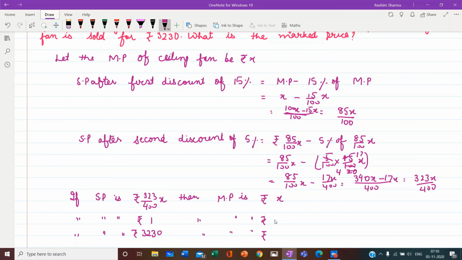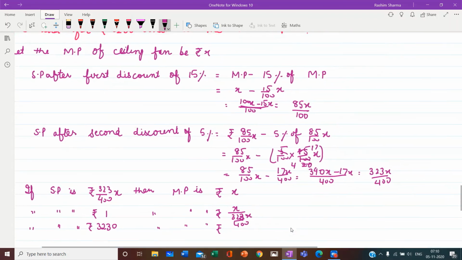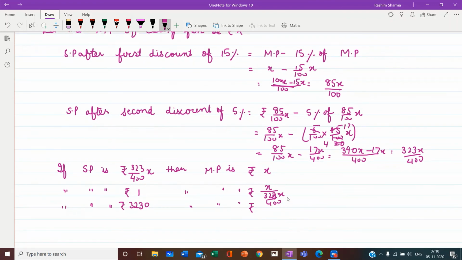For 1 it will be x upon 323x upon 400, and for 3230 we will calculate, it will become x upon 323x upon 400 into 3230.